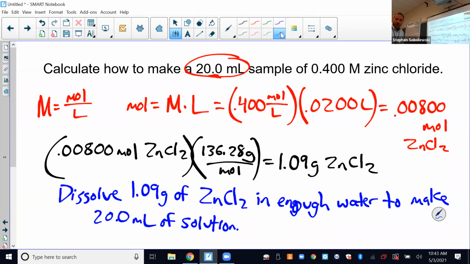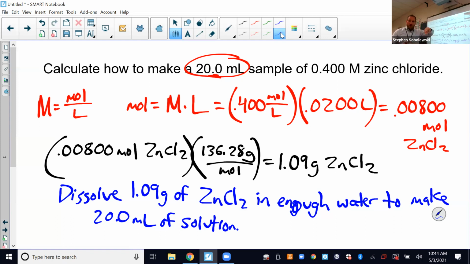And again, what that would look like in a real lab scenario, you would take one of those round flasks, and you would add your 1.09 grams of solid. Remember, as I said before, most ionic compounds tend to be white solids. If you were to Google zinc chloride and go to images, you'd probably see a white crystalline solid.